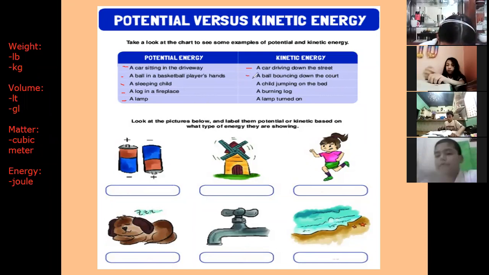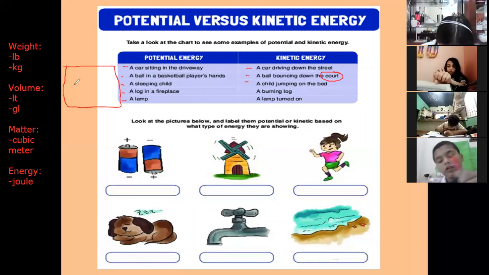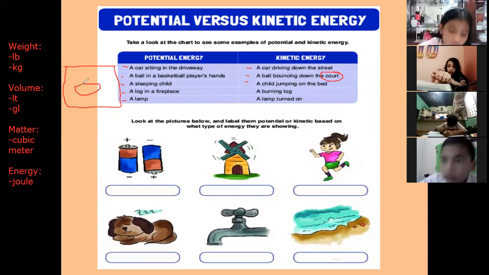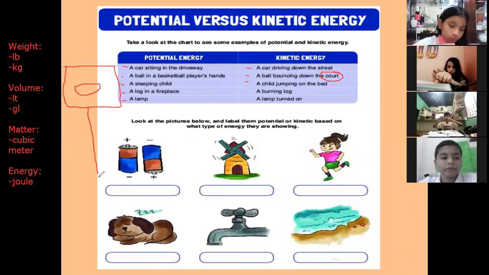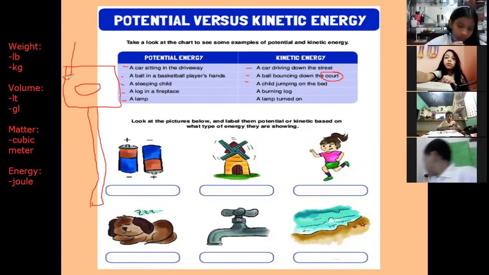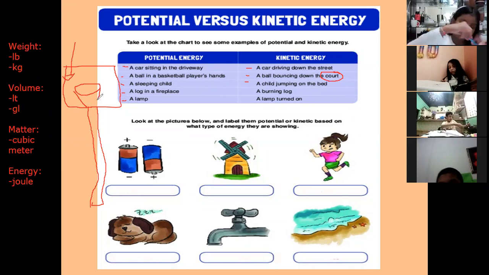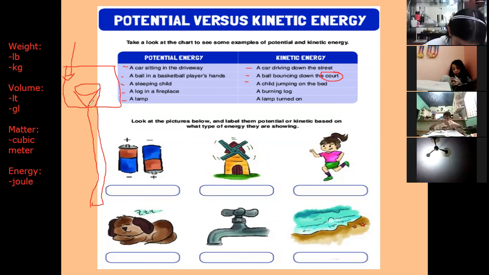A ball bouncing down the court. Have you seen that in basketball there is a piece of wood, and here is the ring? This piece of wood is called the court, and this is the net.